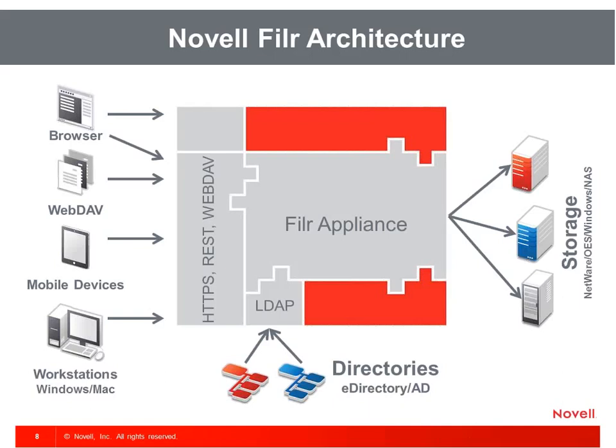We will connect to all the existing authentication sources that you have inside of your environment, whether it's eDirectory, Active Directory, multiple eDirectories, or multiple Active Directories, so that when these users come in with these devices and want to access the files, we actually respect all of the existing access controls. If I log in through Filr, I will only see the files that I actually have rights to on the file system itself.